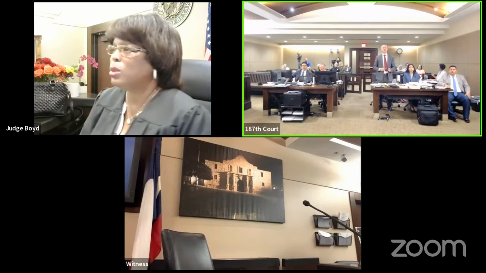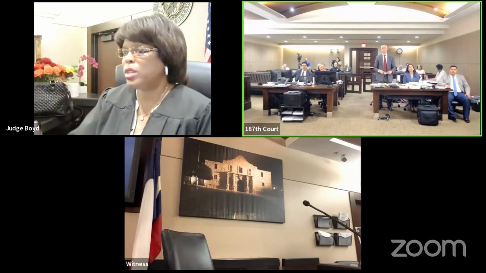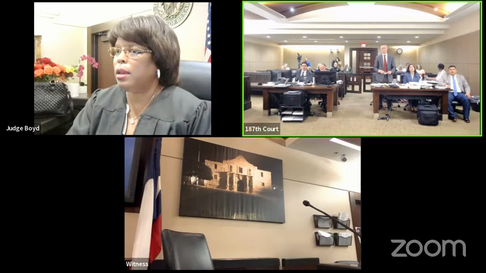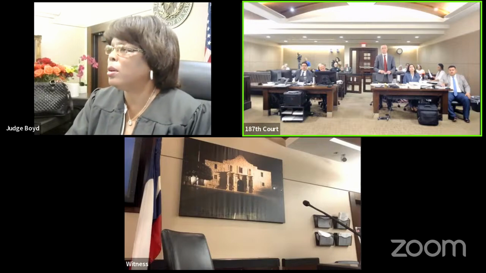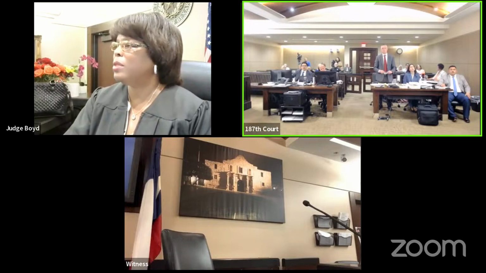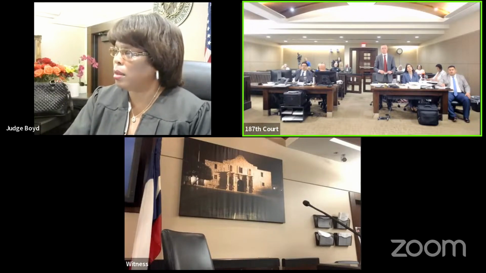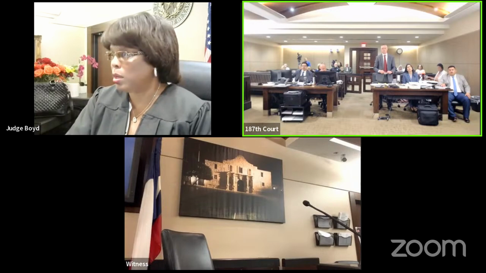The question, counsel, is, and this is just my question: are the vehicles being brought here for the purpose of a recreation of the scene? Or are the vehicles being brought here for the vehicles to be viewed?